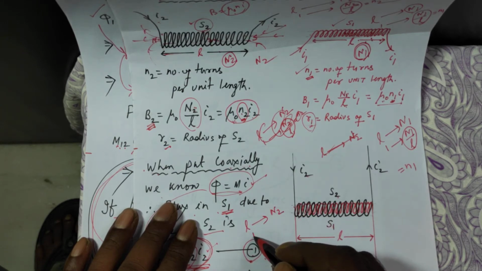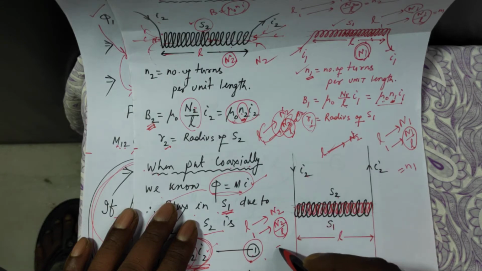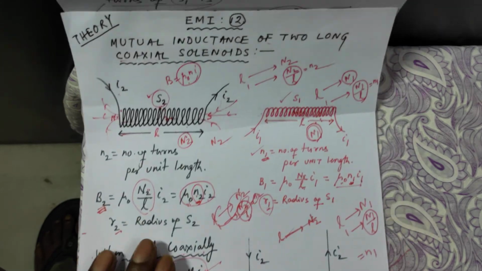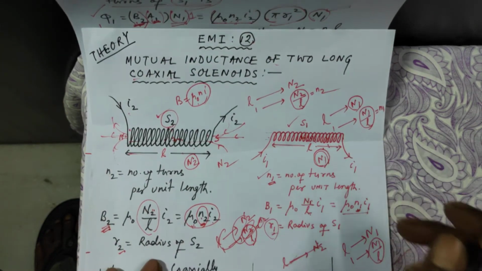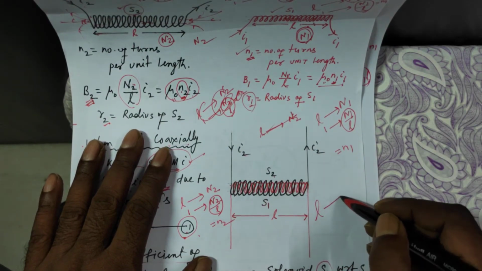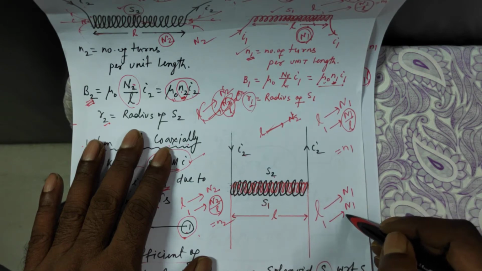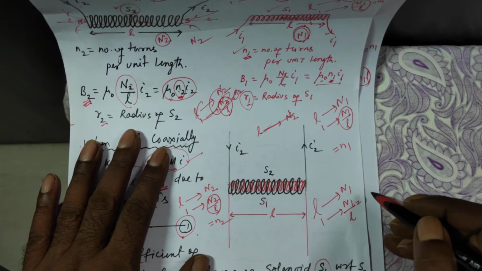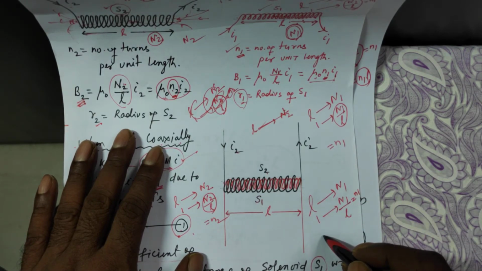So in unit length, the number of turns will be N2 by L. This was written as small n2. Similarly here, the red one, in length L, total number of turns was equal to N1. So per unit length, the total number of turns is equal to N1 by L. This was written as small n1. So cross multiplying from here.